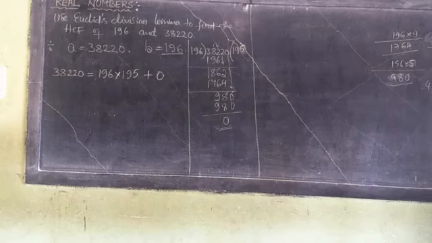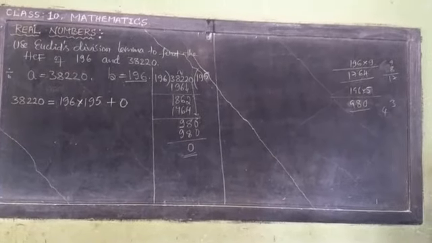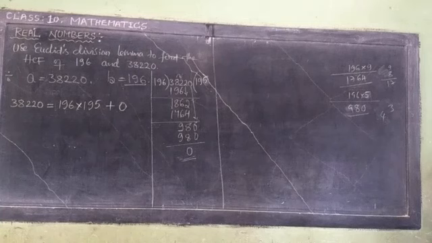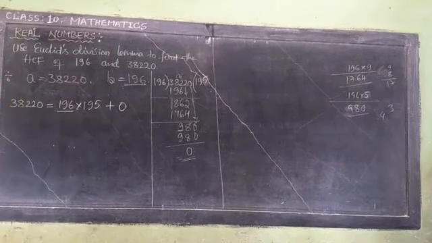If the remainder becomes 0, the HCF is the divisor itself. That means 196 is the HCF here.